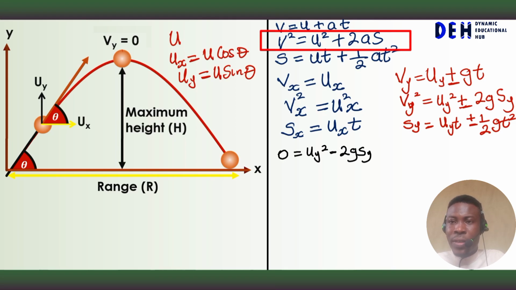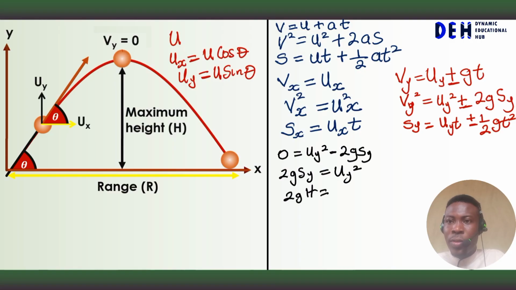Now let's rearrange this. We are going to have 2gSy equals Uy square. Now Sy is the maximum height, so we have 2gH equals Uy square. What is Uy? Uy is U sine theta. So we have 2gH equals (U sine theta) square.